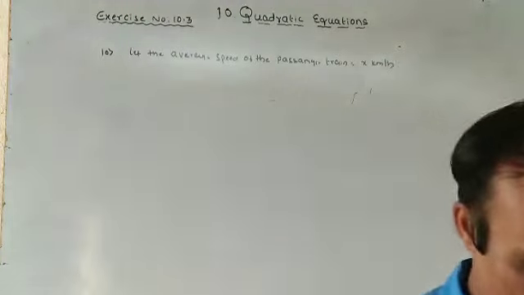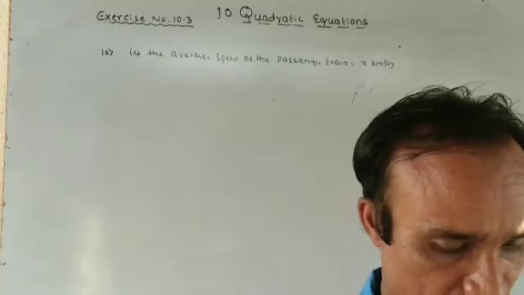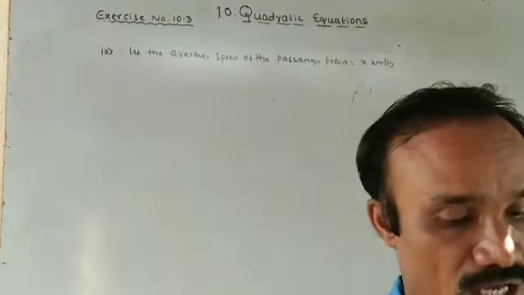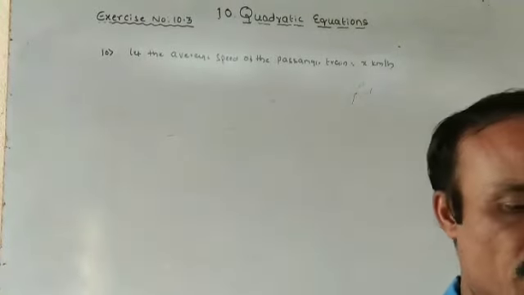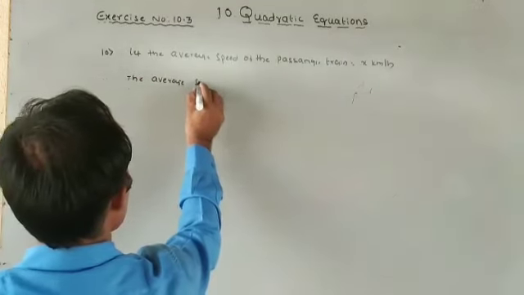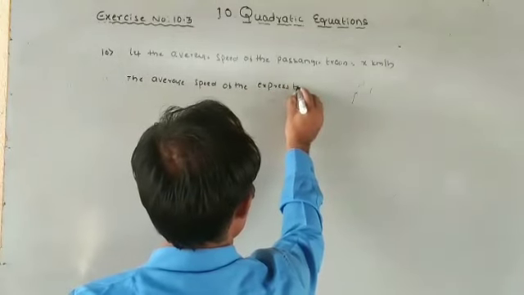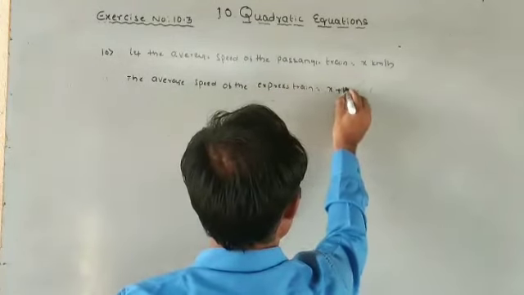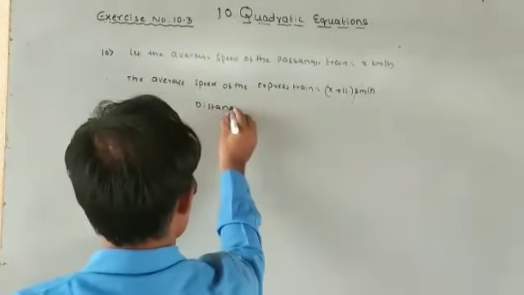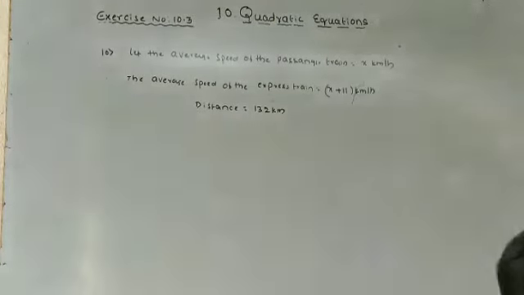Therefore, the portion of the tank filled by both the taps is equal to 1 divided by x plus 1 divided by x plus 10. 1 divided by x plus 10 is the portion of the tank filled by the smaller one. 1 divided by x is the portion of the tank filled by the larger one.